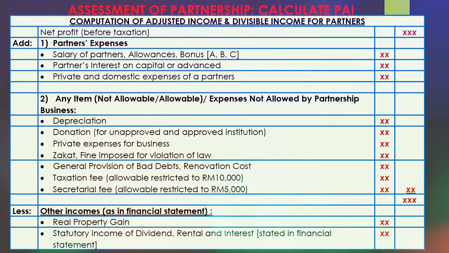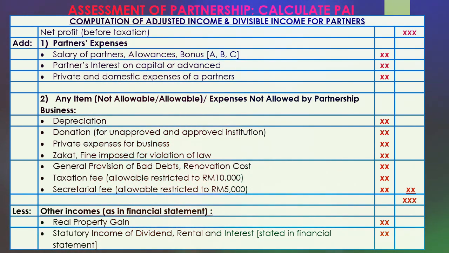Alright class, so this is the format that you should remember so you can answer this topic very well. Okay, the format is not different from business income. Last semester you learned it, but there is some additional part regarding the partner expenses here.